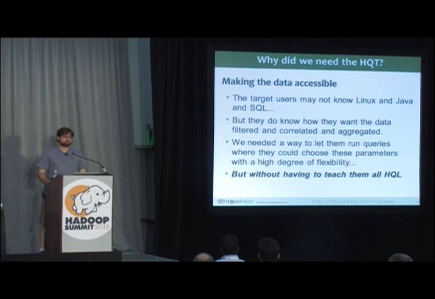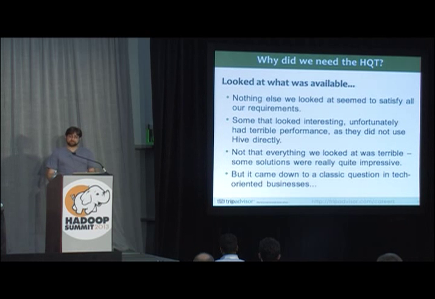And it's not a difficult HQL query, but it's one that a salesperson talking to one of our partners isn't going to know how to do. Well, with the Hive Query Tool, they can do this. They can choose all sorts of parameters, and it's very flexible, and they don't have to know HQL.